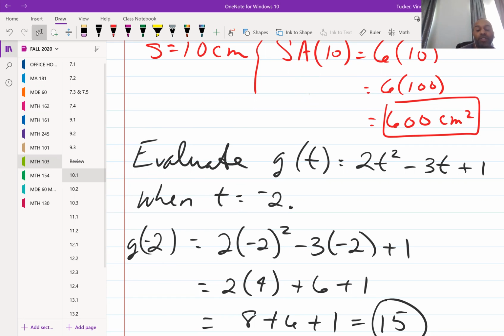They give us the function g of t is equal to 2t squared minus 3t plus 1. And they want us to evaluate that when t is -2. So that just means we're going to take -2 and plug it into that g function.